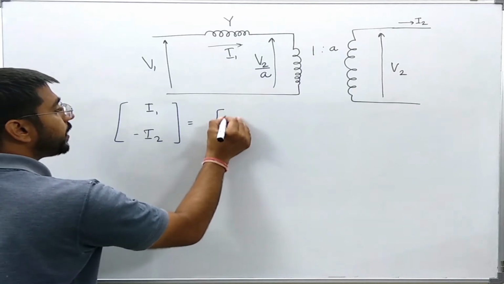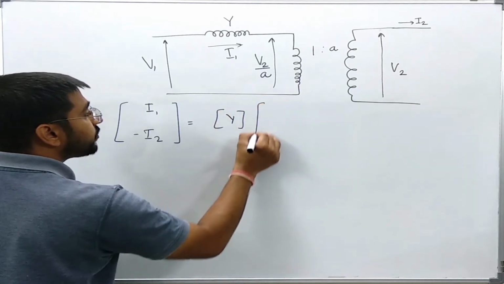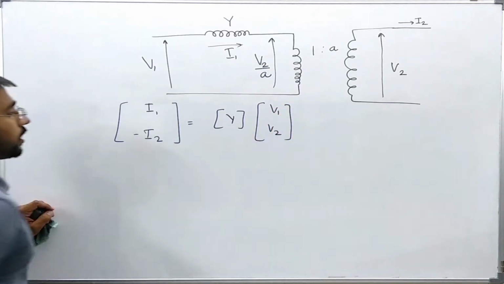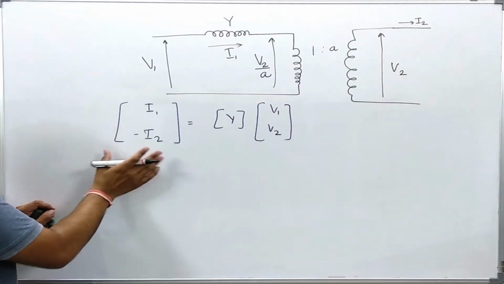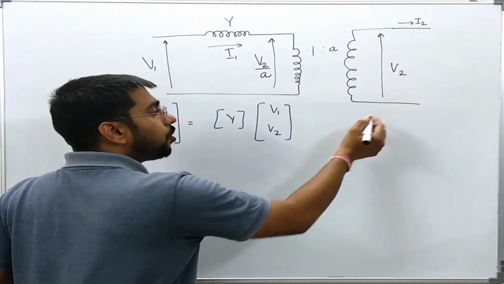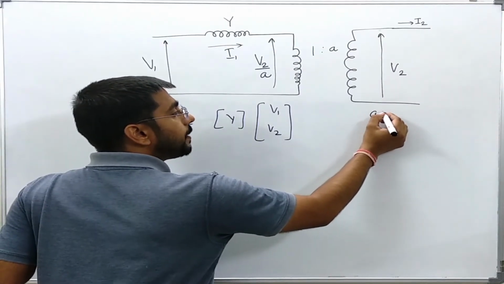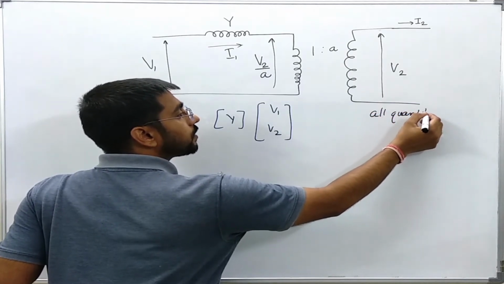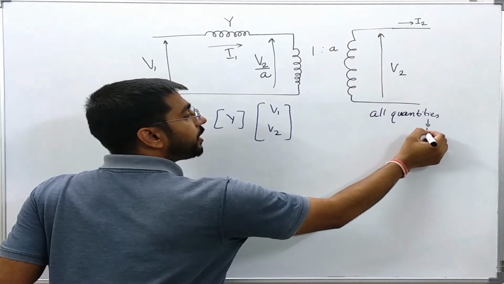This will be Y and this will be V1, V2. Now I have to get equations in this form. Now we should also remember that all these quantities are in per unit.